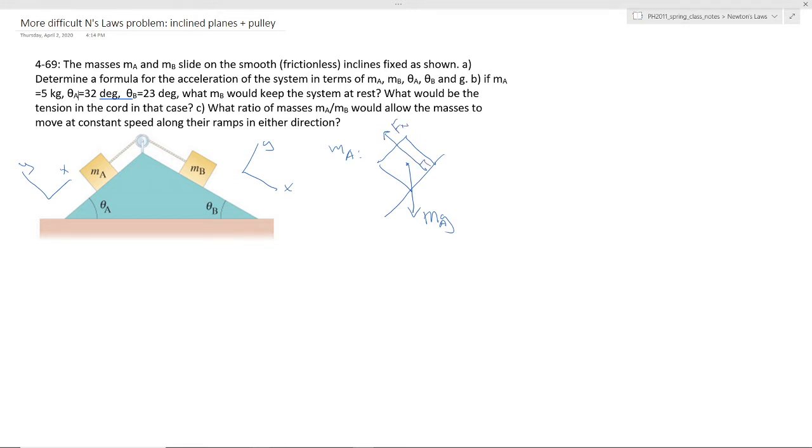We're also going to have this tension force that's along the surface. Then we're going to want to break this force of gravity into x and y components along our axis.